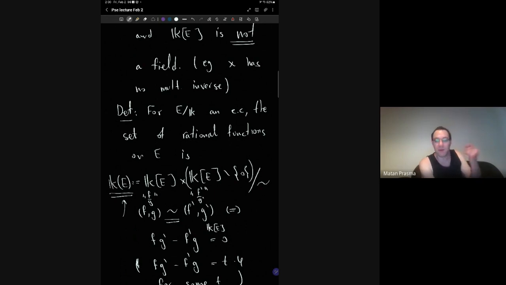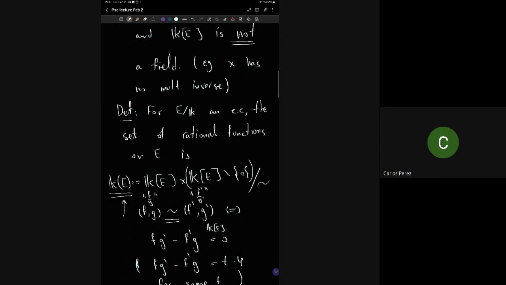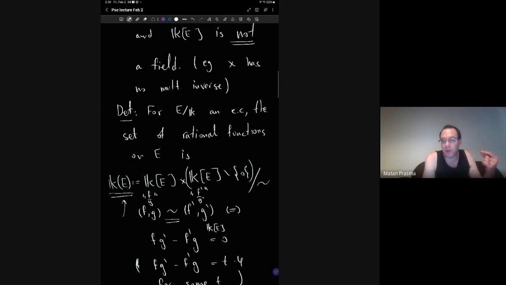We simply have that the defining equation of the elliptic curve gives you a relation: y squared equals x cubed plus ax plus b. And you say that a polynomial in two variables is a polynomial on E once you can replace all the terms y squared by x cubed plus ax plus b.